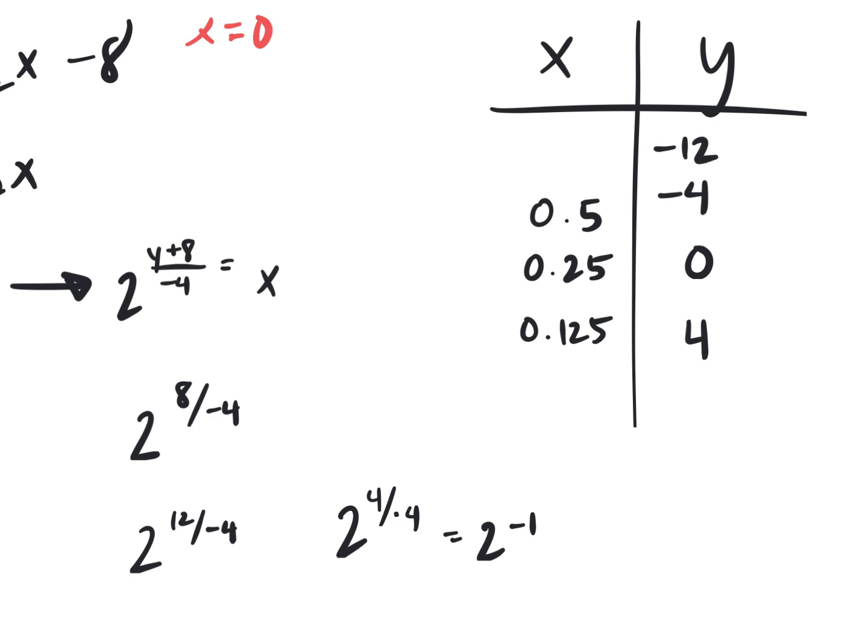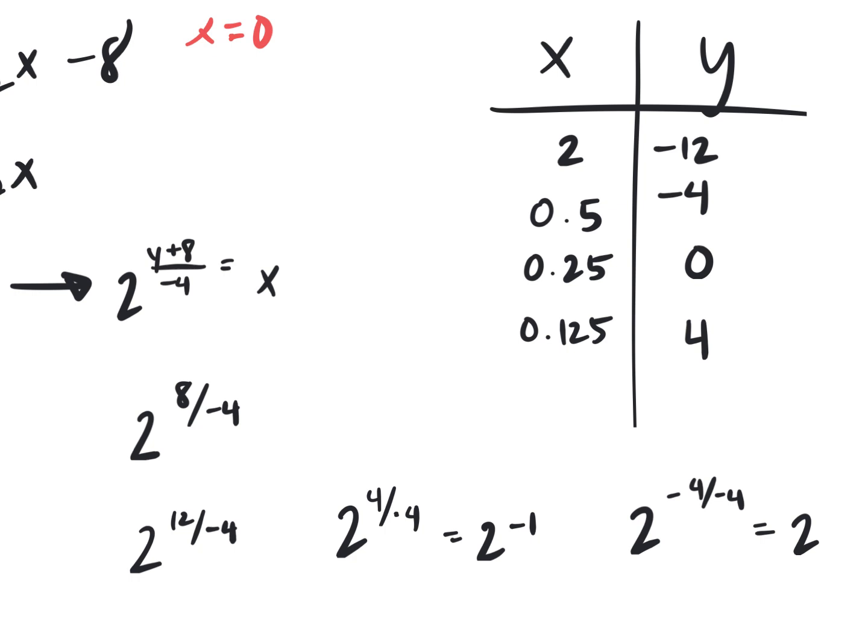Let's plug in -12. Yeah, you're right, a smaller number than -4, my bad. So if I plug in -12, I get 2 to the -4 over -4. That one equals 2.